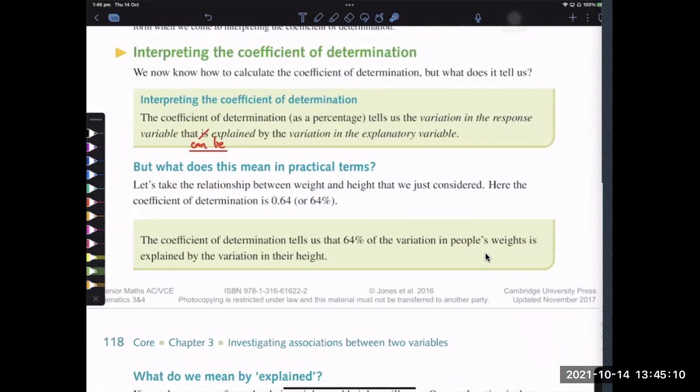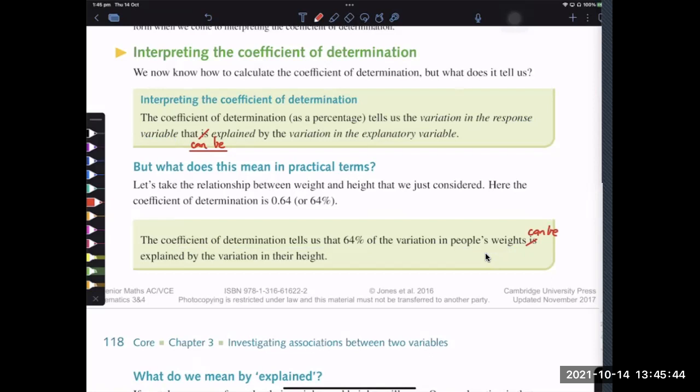The final statement is that the coefficient of determination tells us that 64% of the variation in the response variable, that's people's weights in this particular case, once again, not is, but can be explained by the variation in their height. Okay? So one thing explains for another.